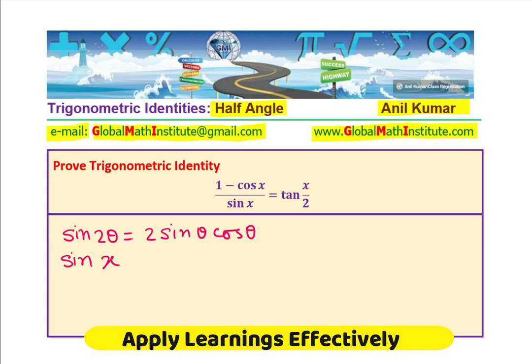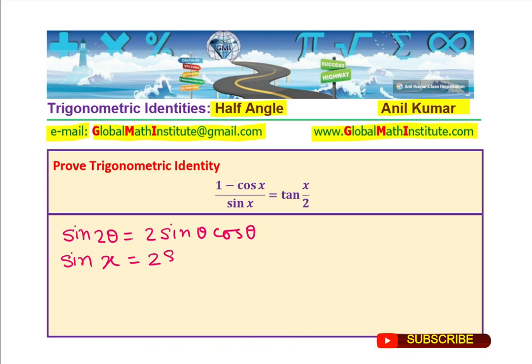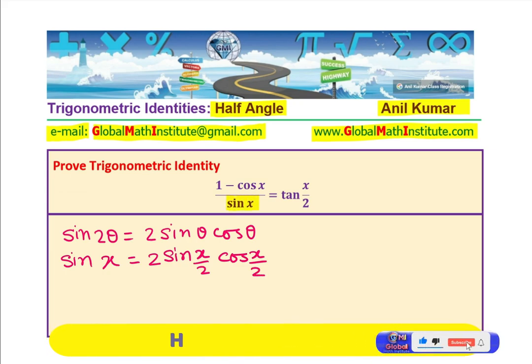Sine of x, that means 2 theta is x, so theta will be x by 2, right? Sine x will be 2 sine x by 2 times cos x by 2. You see that? So we can replace the denominator sin x with 2 sin x by 2 cos x by 2.